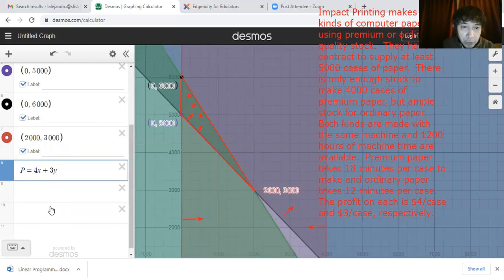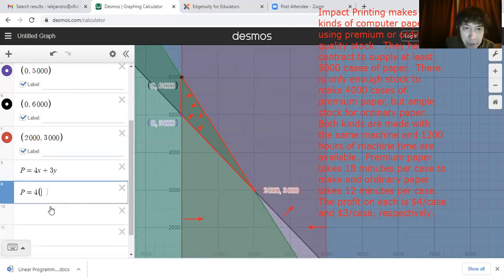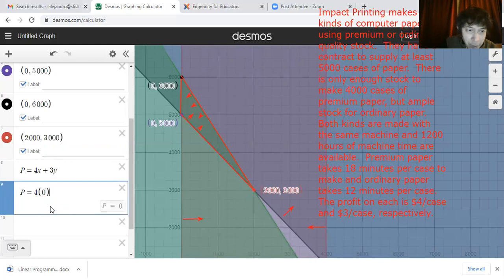We shall compute using the 5,000. So P is equal to 4 times 0 plus 3 times 5,000, and our profit is 15,000.